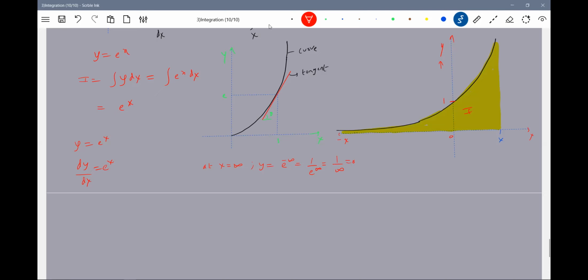Then you should understand what the significance, the meaning of this is. Derivative means slope of a tangent drawn on the graph. What do you mean by integration? Area under the curve. I think these are the only two primary things around which all this calculus is evolving.